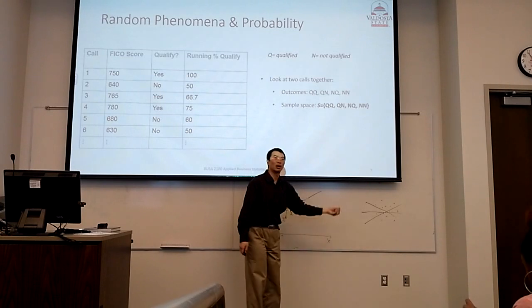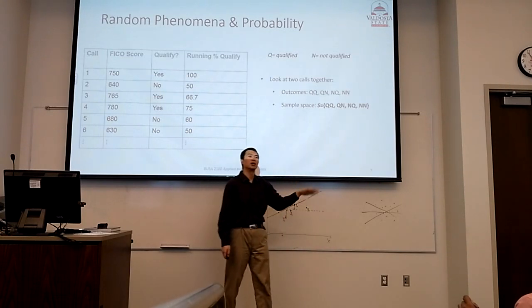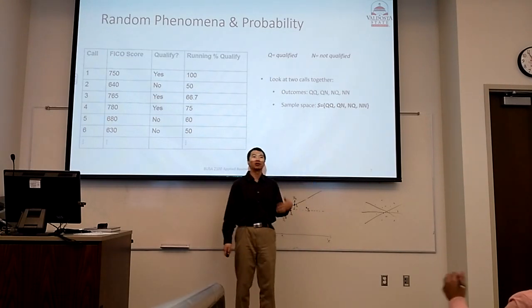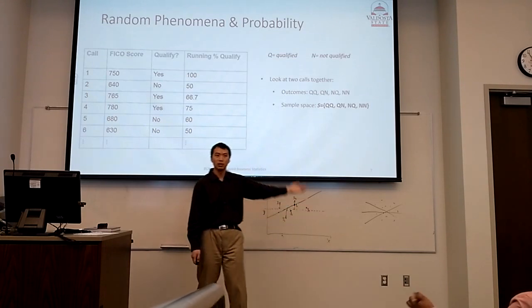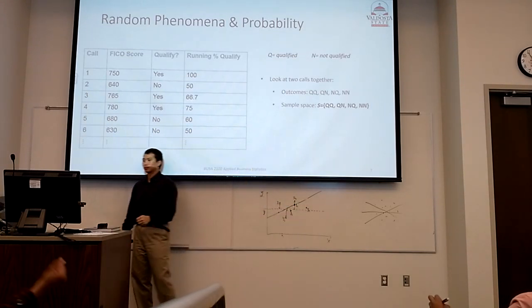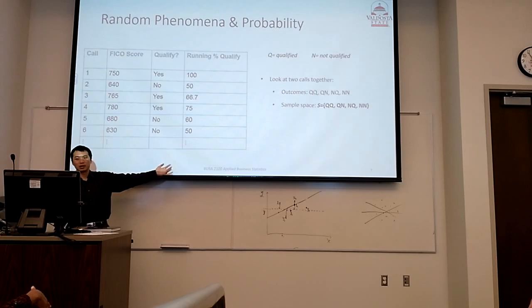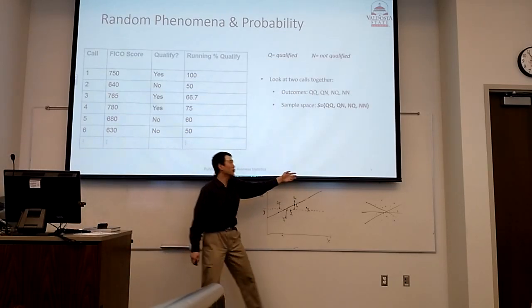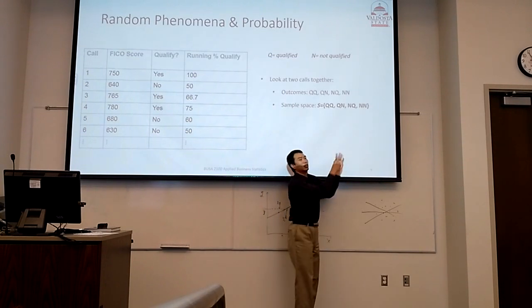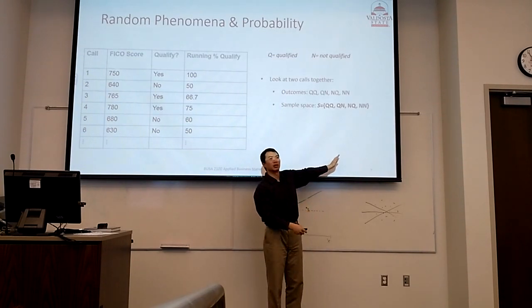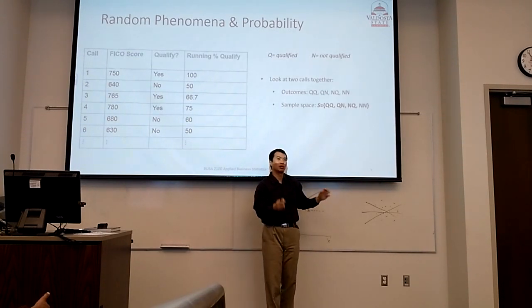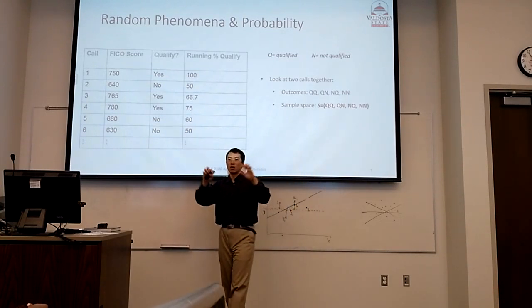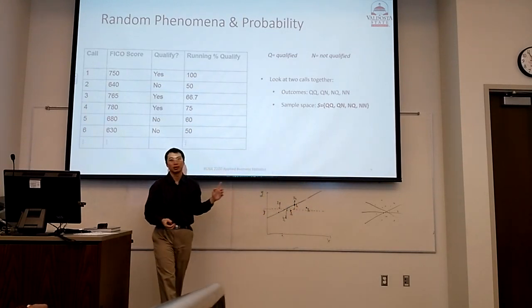Or the first one not, the second one qualified, or neither of them is qualified. Four possible outcomes. And the sample space contains all those possible outcomes. So if you miss one of them, that's not called the sample space. If you define the sample space, it has to have all the possible outcomes.